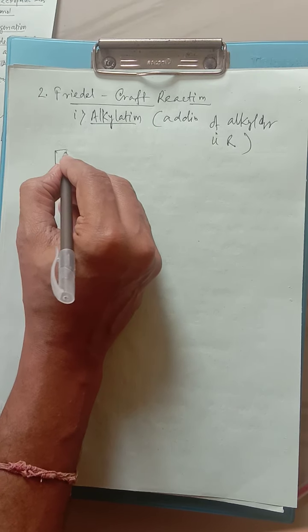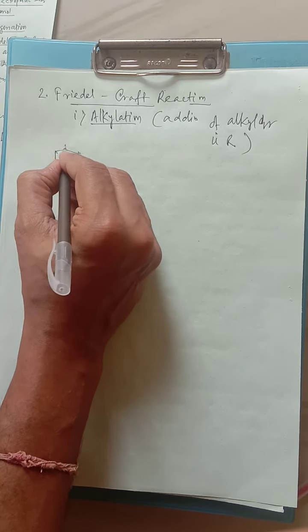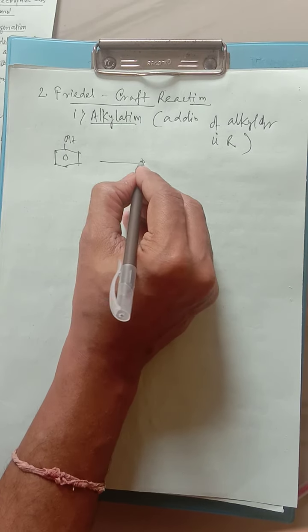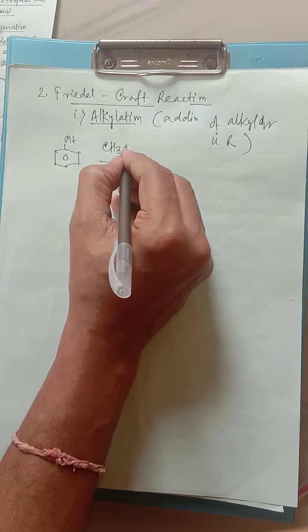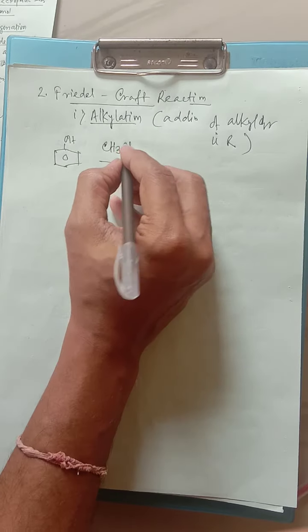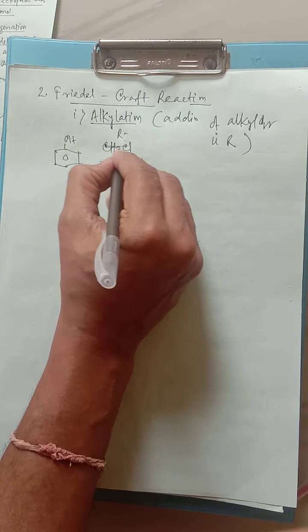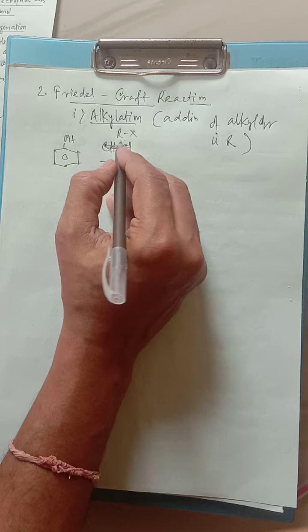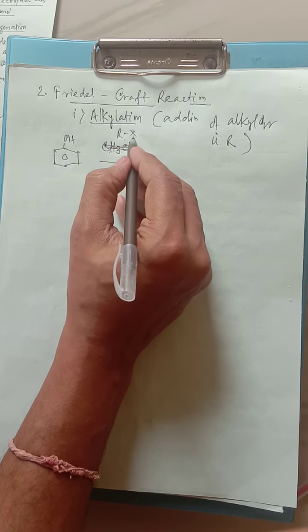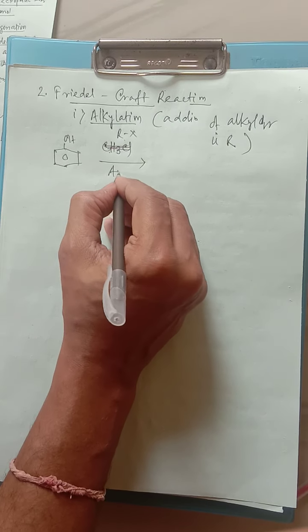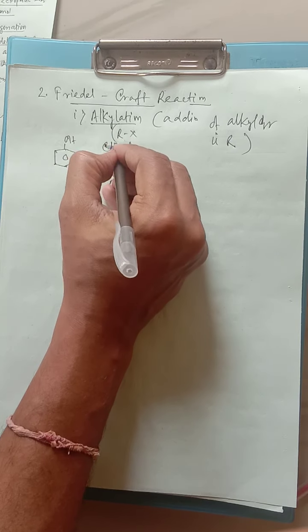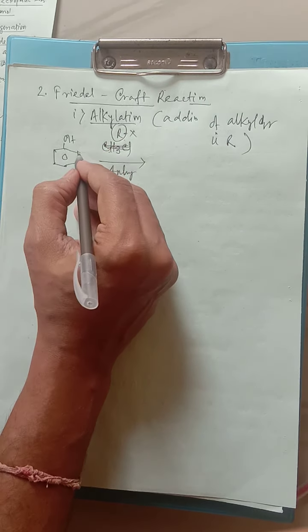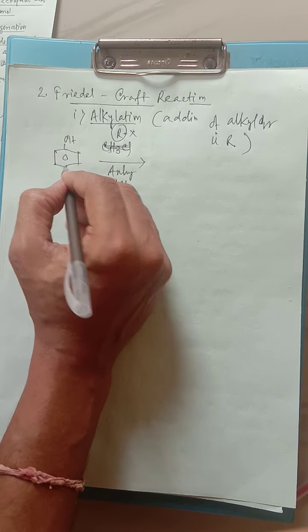In general, the reaction I am giving over here: OH is there, and an alkyl halide, say CH3Cl, is given. Now in general I am writing first, let's see. That means RX is used here. R means alkyl group, one of the methyl, and X is there, along with anhydrous aluminum chloride. What will be the effect? So this R group will attach at the ortho position as well as the para position.